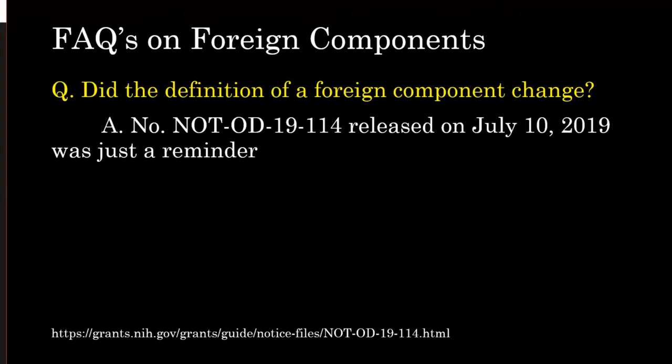NIH thought everybody was disclosing all when they said all, but in fact, the application instructions said to disclose those that are relevant for this project. So their instructions for the application didn't match their policy. That's why they're bringing it back together, and it means all. So all disclosures have to happen. The policy has not changed. It's just being reiterated and enforced.